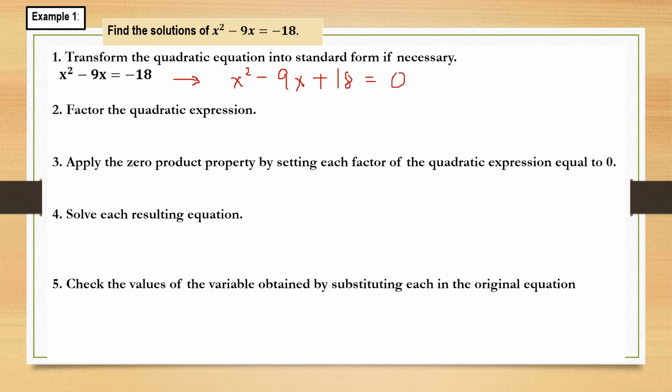Step 2, factor the quadratic expression. So what are the factors of x squared minus 9x plus 18? For x squared, we have x and x. Now for 18, let us list all the factor pairs of 18.